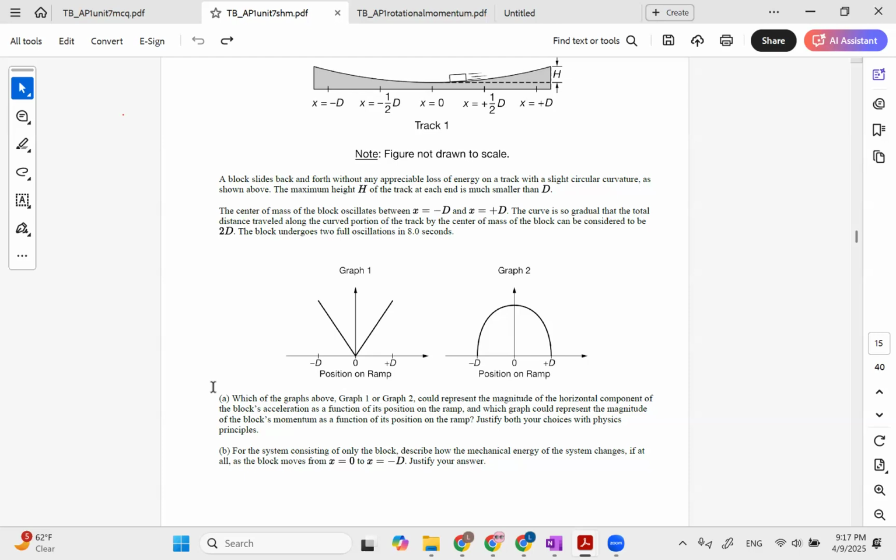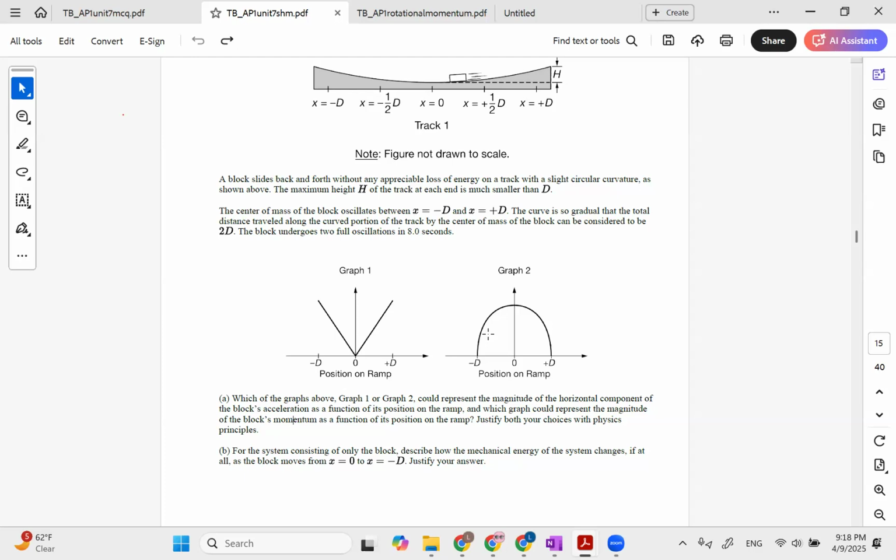Oh, we didn't finish this one. So graph two represents momentum, right? Why is momentum not a straight line? I thought this situation doesn't have momentum.